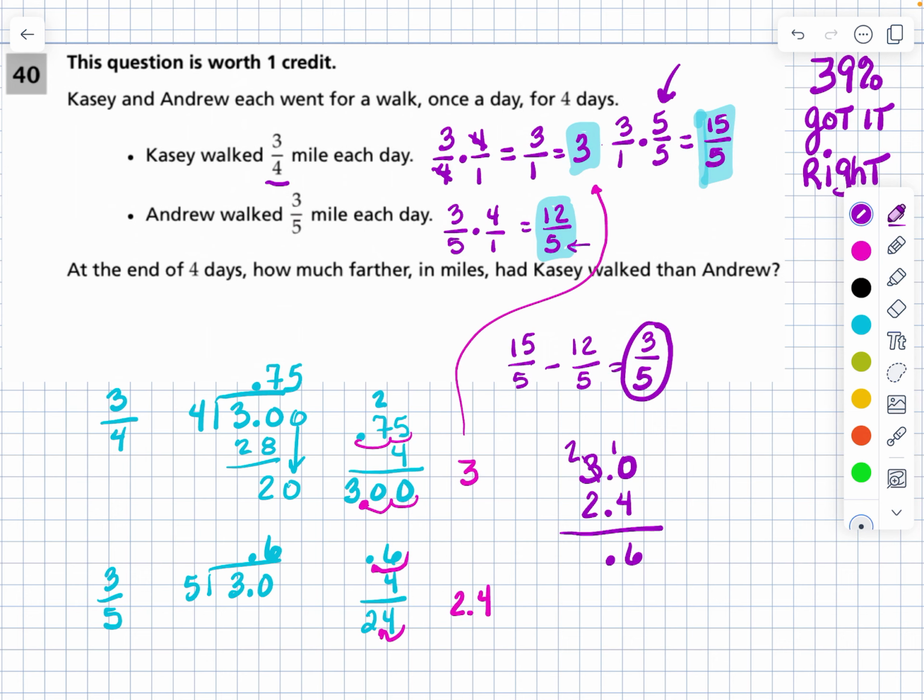Okay, so now I've got 0.6. And just so you know, these answers are the same, and I'll show you real quick. 3 divided by 5. Well, actually, we've already done that right over here. So we're done. That is the answer.